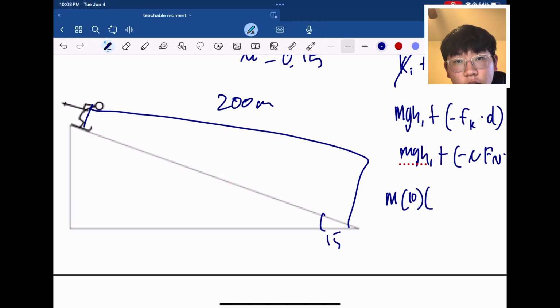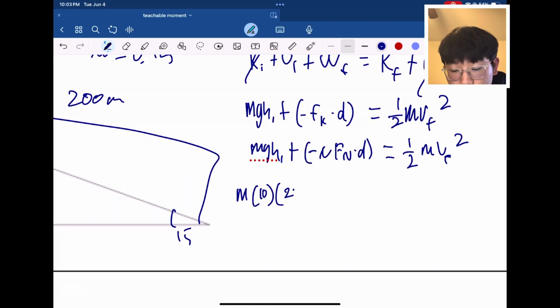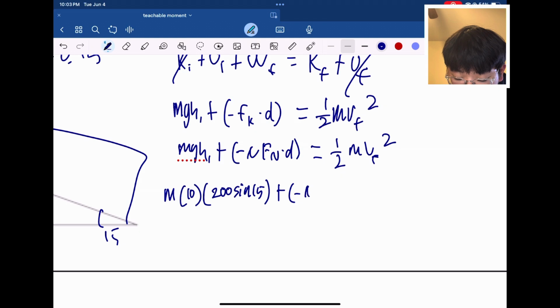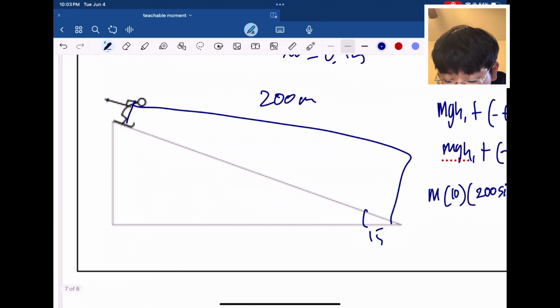We know the hypotenuse and angle, so you can write this as 200 sine 15 plus negative mu, and our normal force is, we know the coefficient of friction, so I'll just write 0.15 times 10, which is gravity, cos 15.